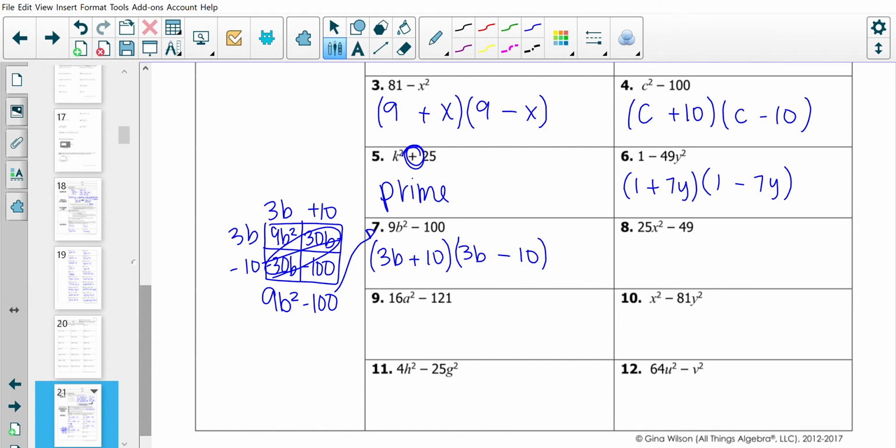Okay. Number 8. Square root of 25 is 5. X squared would be x. 49 is 7. Plus and minus. Try number 9.